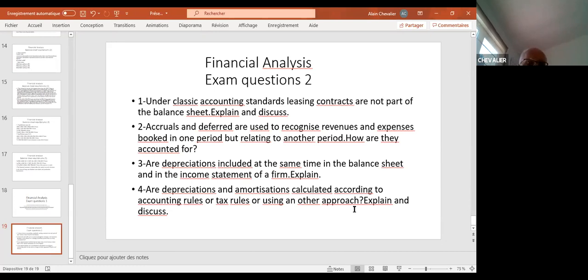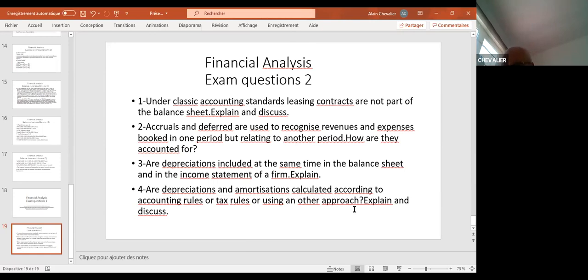The rents were taken into account in the income statement and 100% deductible from the operating results subject to taxes. And in most of the accounting systems, you found detailed information below the balance sheet on the leasing contracts.